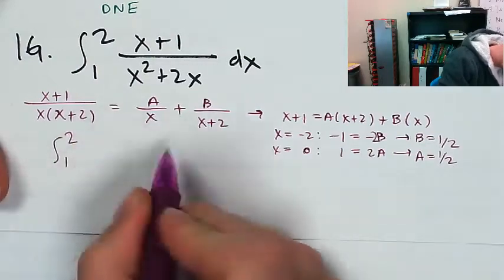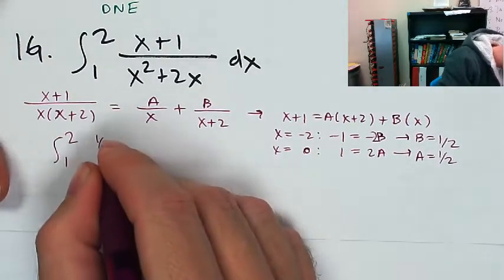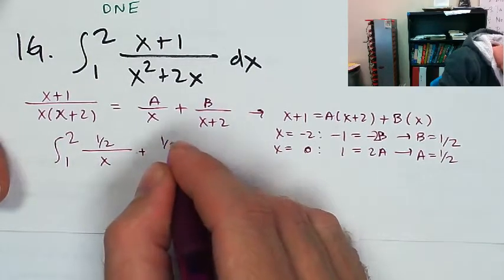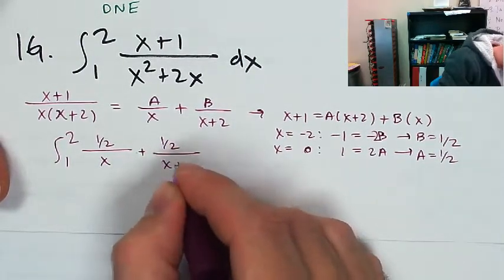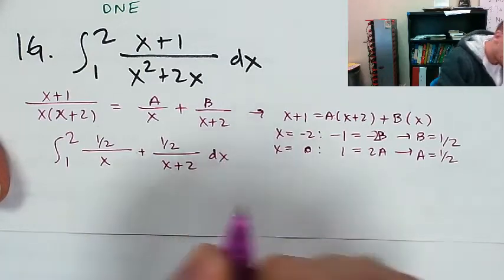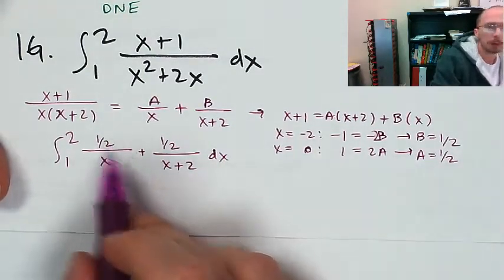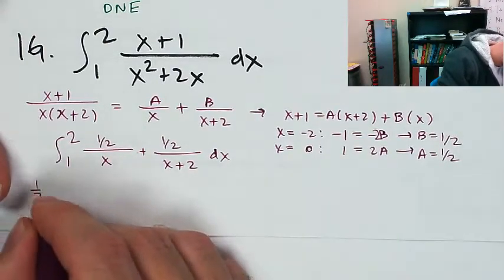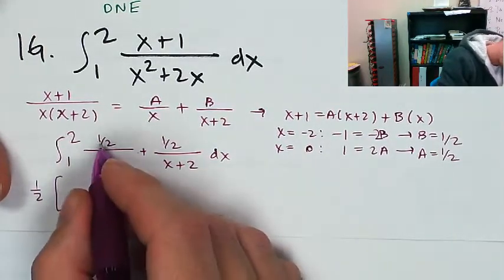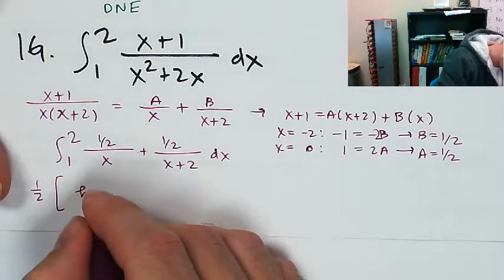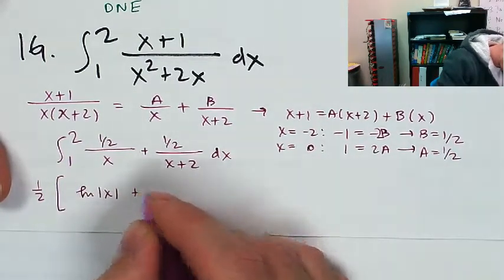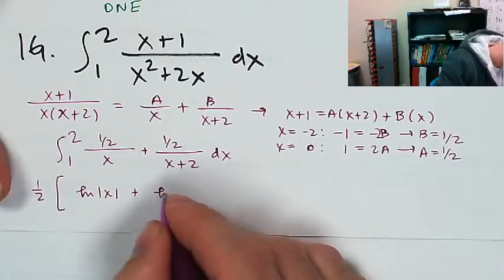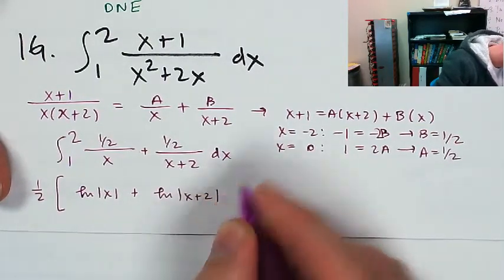taking the integral from 1 to 2, a over x, b over x plus 2. If I wanted to, I could factor out those halves. Maybe I will do that. And then I'll anti-differentiate. Antiderivative of 1 over x is log of the absolute value of x. Antiderivative of 1 over x plus 2, after I factor out that half, is going to be log absolute value x plus 2.